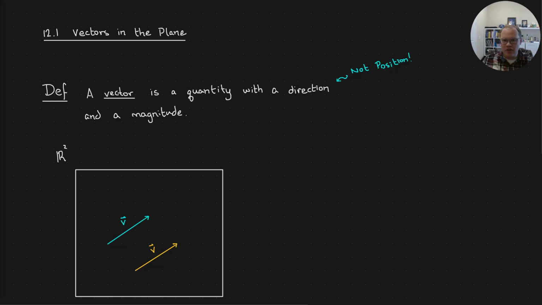This idea of vectors is actually an extension of how numbers work in 1 dimension. So let me give you an example. If I tell you that I went out and I spent $300 on a new TV, well, what does that tell you? Does that tell you how much money I had? Or how much money I now have? No, it tells you the change in the amount of money I have.